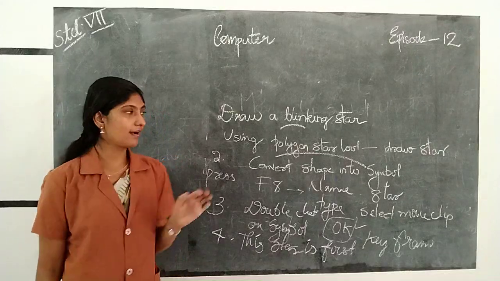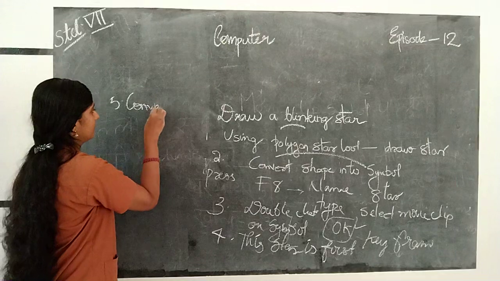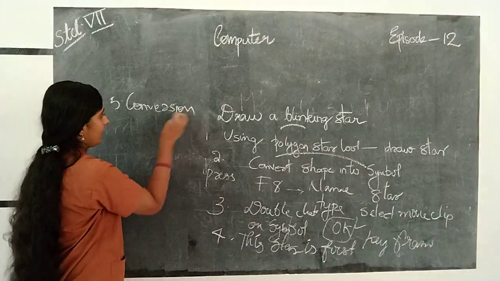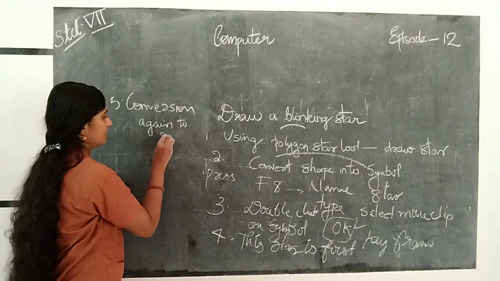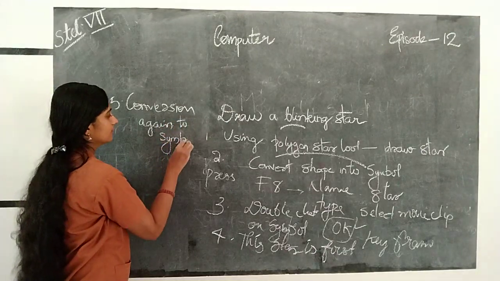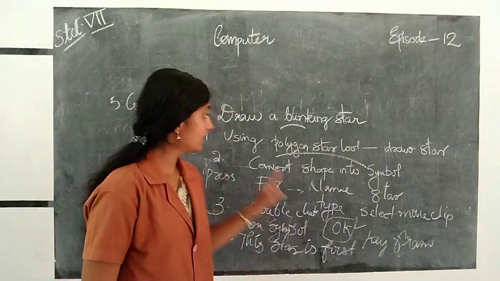That means for that star. That is the fifth step. Conversion again into symbols. That is the fifth step.